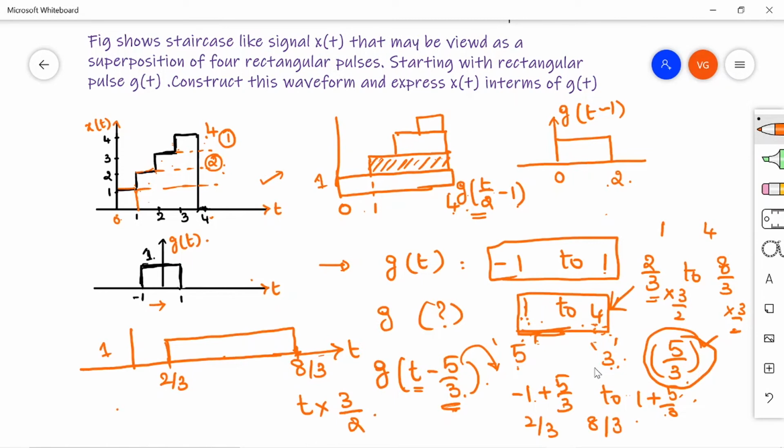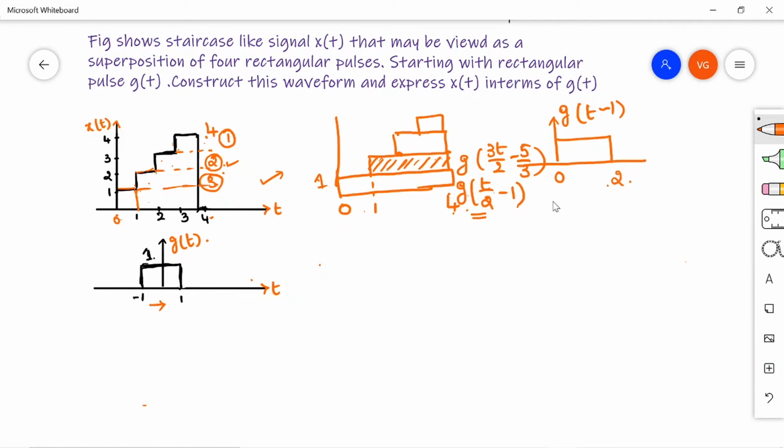So the signal will be g of 3t by 2 minus 5 by 3 for the second level. So 3t by 2 minus 5 by 3 is the signal for level 2.